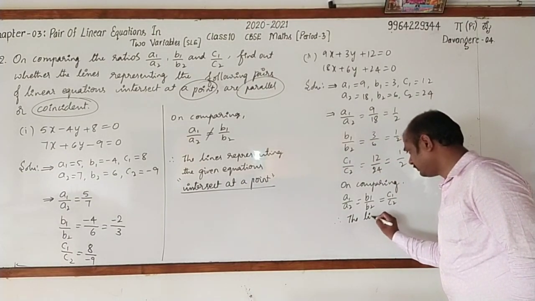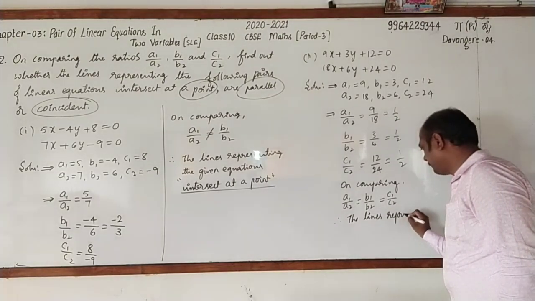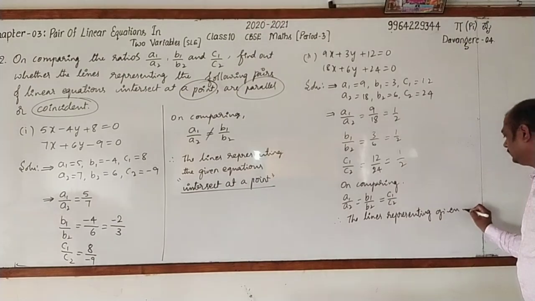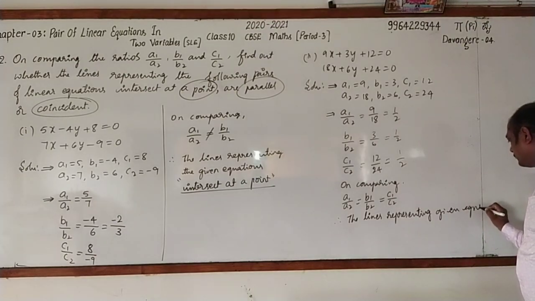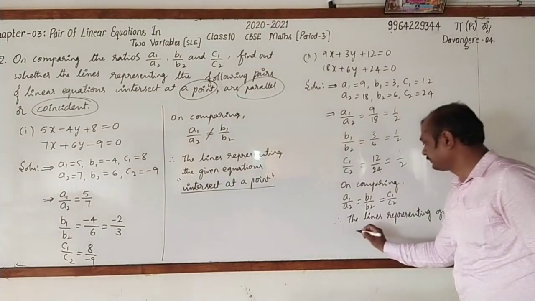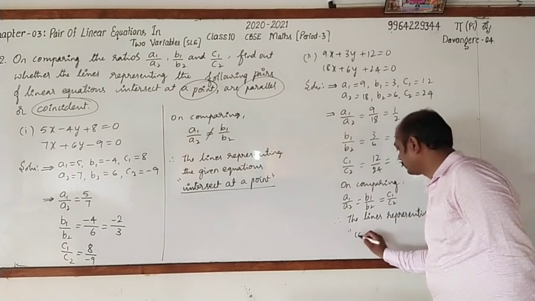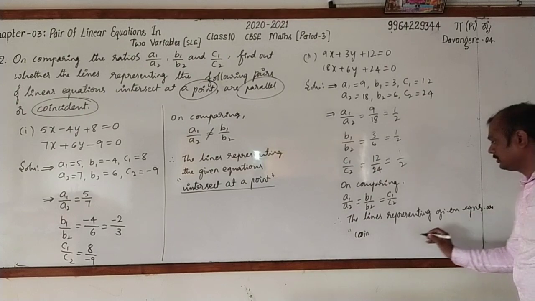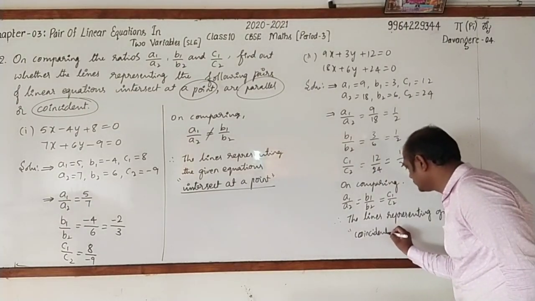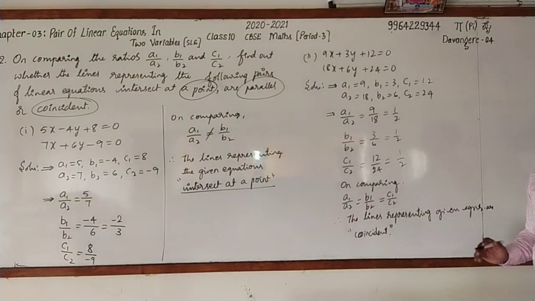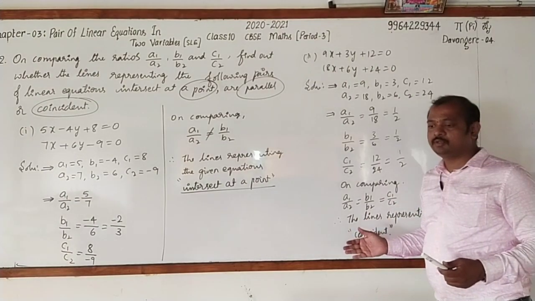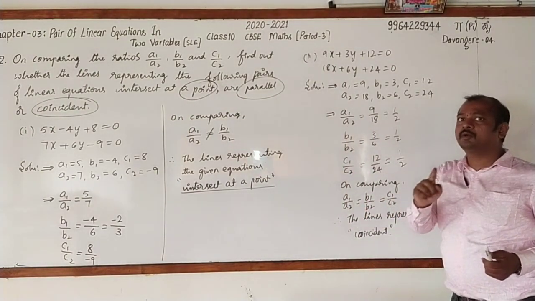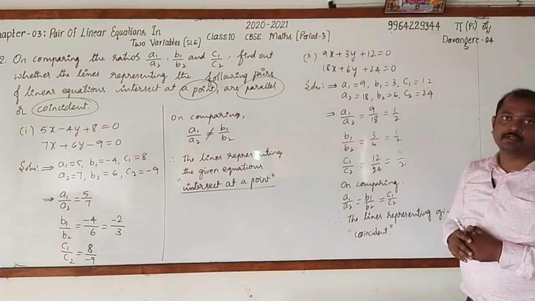Therefore, the lines representing the given equations are coincident. Clear? Yes. Hope that you have understood. Please go for copying this. After this, we have one more problem. We will move on to that.